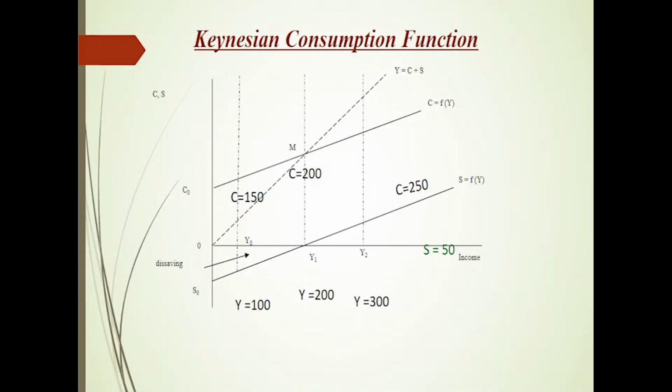When income increases from 200 to 300 rupees, the consumption expenditure is 250 rupees out of the 300 rupees. So, consumption is 250, and the remaining portion, that is 50, is going to be saved according to the Keynesian consumption function.